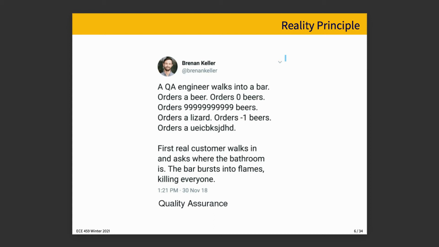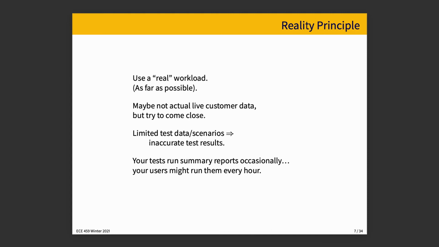It is necessary to use a real workload, or as close as you are able to simulate. Legal reasons might prevent you from using actual customer data to test with, but if you can anonymize customer data and test using that, you'll get a much better outcome than just whatever is in your staging environment, which is whatever development garbage that people have put in there over time. If you limit your test data and your test scenarios, you don't necessarily get a representative view of what is going on.